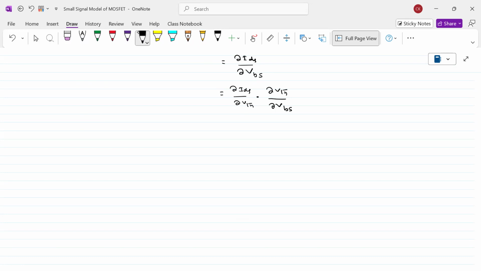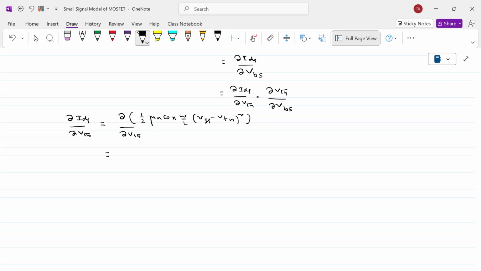Okay, now how do we calculate dou IDS divided by dou VTH? What is the value? Dou of 1 by 2 into mu n Cox W by L into (VGS minus VTN) whole square, we have to do with respect to dou VTH. Can someone help me?